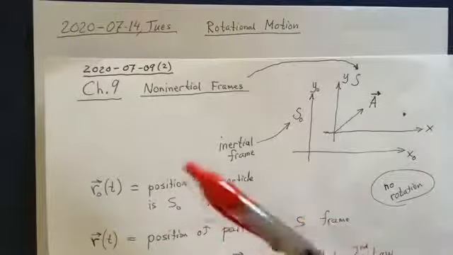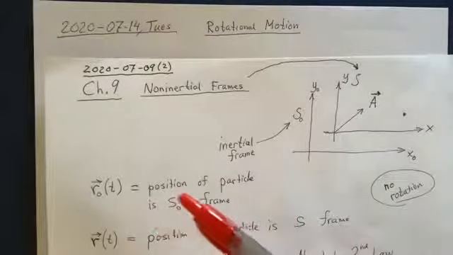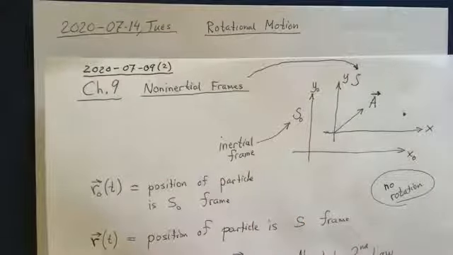So we'll continue to use this notation, right? And remember, the lowercase r now plays a special role in Chapter 9. In Chapter 8, it was a different special role. Remember, in Chapter 8, it was a relative vector displacement between the position of particle 1 and position of particle 2. Okay, but this is our special role.